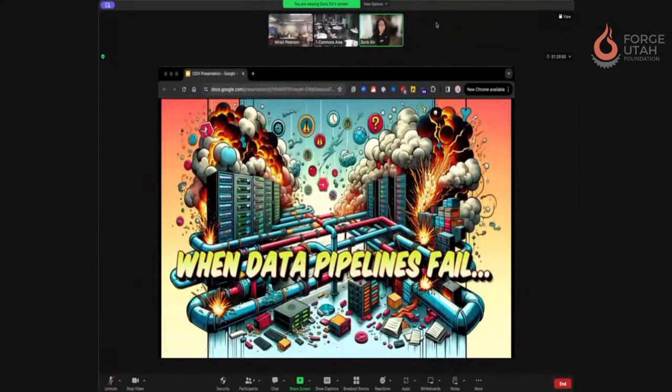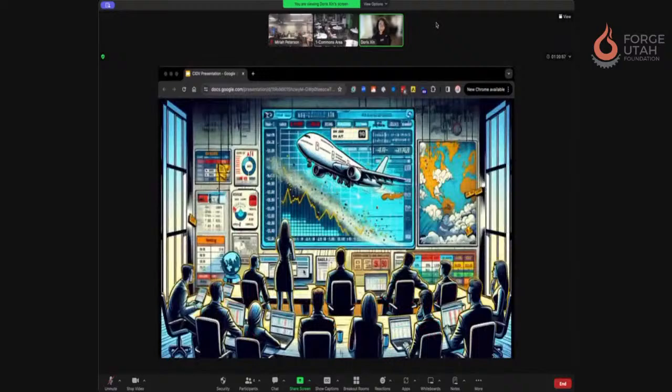So data pipelines, when they work, they are extremely impactful, and when they fail, they're also very impactful, right? So here's an example of something that happened over COVID. This is an airline customer. Their model was doing real-time pricing, and because during COVID there was no demand, they just kept on pricing the ticket almost down to nothing, right?